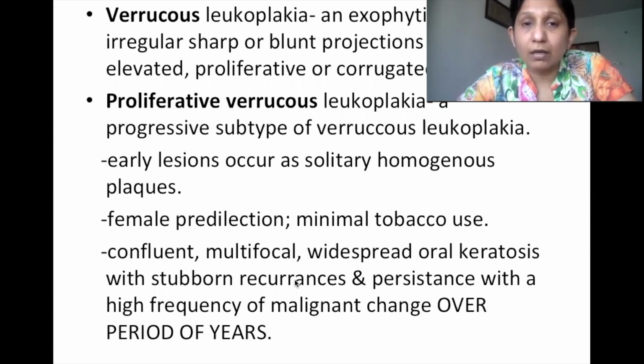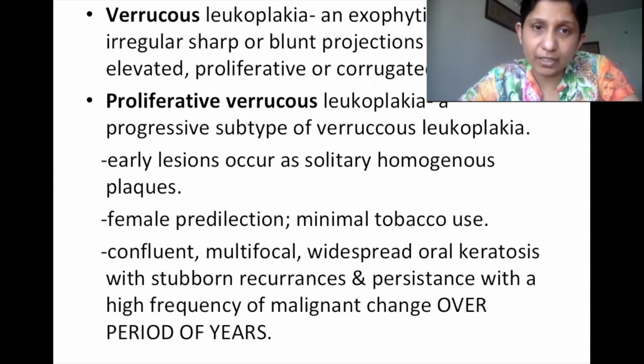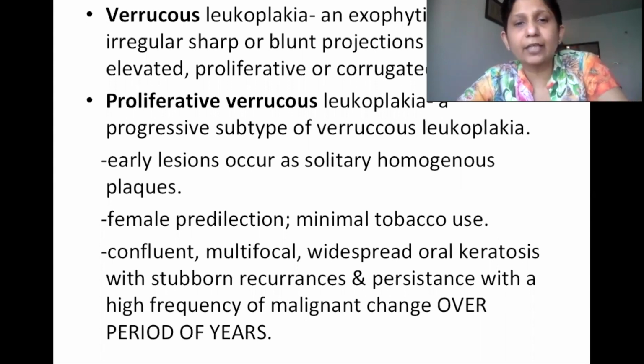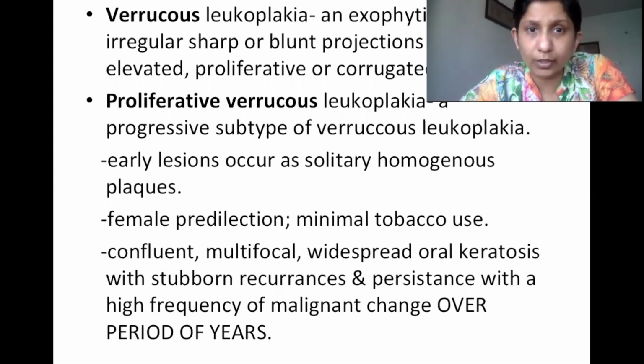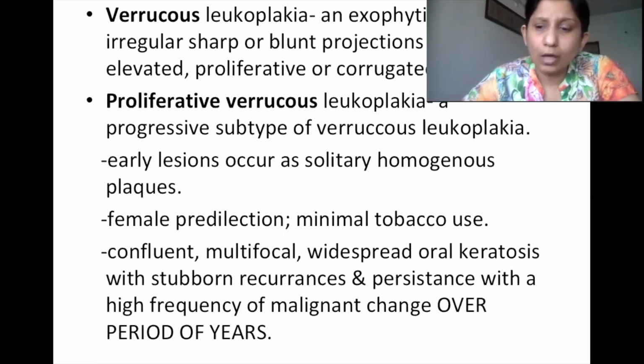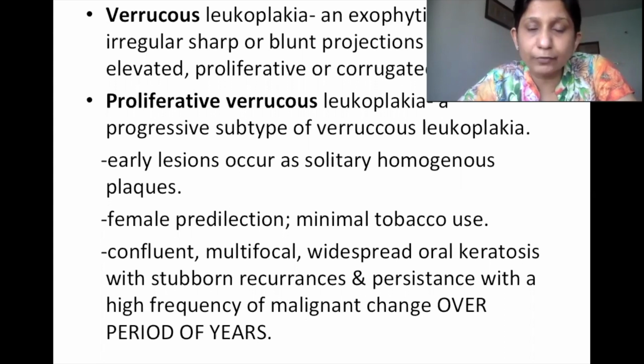That means even if you remove the lesion, the patient will come with a recurrence, and it will persist over a long period of time, say for 15 years altogether. And suddenly it will come up as a malignant lesion. So after a period of years, it can become malignant.